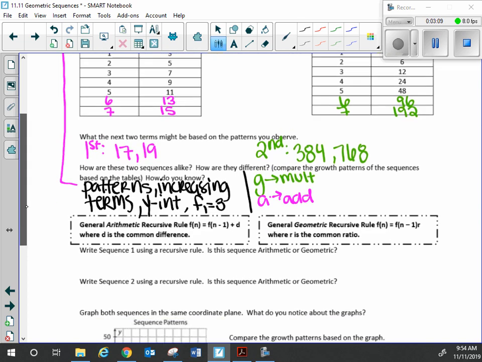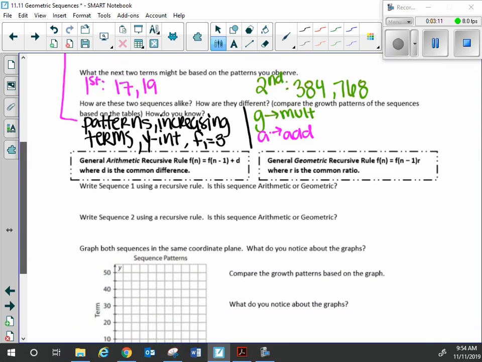As we go down, we talk about this recursive rule. You probably don't remember exactly, but it rings a bell. Your recursive rule tells you how to get to the next term. It helps you find the first few terms, not the 100th term.